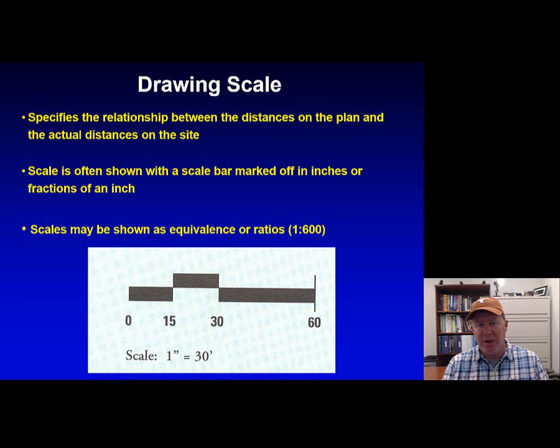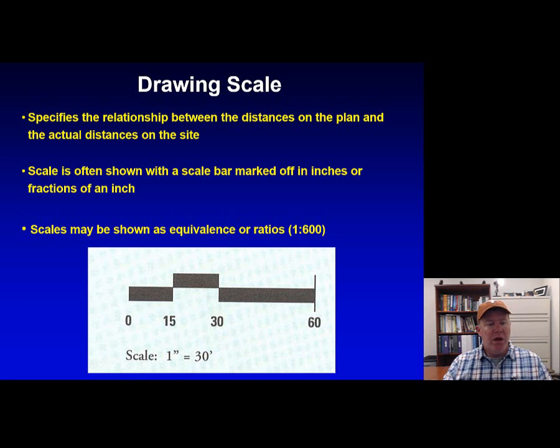So again, remember I was talking about a 1/4 inch, a literal 1/4 inch of a foot on paper is representing 1 foot on site. That's for architect scale. Talk about engineer scale. If we're saying 1 inch is equal 10 feet, that's meaning literally an inch on the paper is representing 10 feet actually on site. So scale is often shown with a scale bar marked off in inches or fractions of an inch.